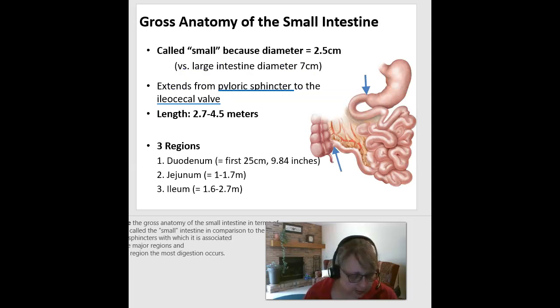The small intestine, because of its diameter, is as large as 7 centimeters. It extends from the pyloric sphincter, where the duodenum is the first region, the jejunum is the second region, and the ileum is the last. The shortest of these regions is the duodenum, which extends approximately to where that bulge is located, about right here.